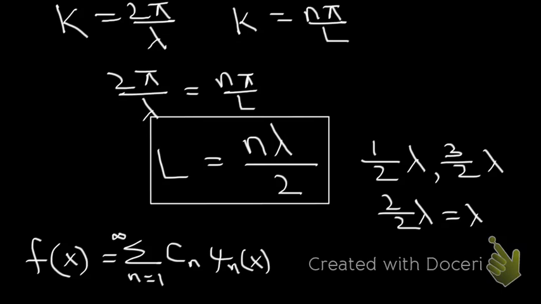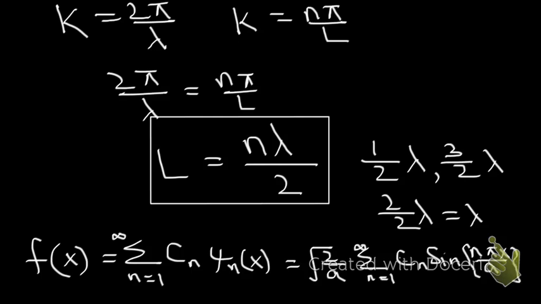This can then be simply written as root 2 over a, substituting the value for psi of x, sum over n equals 1 to infinity of Cn sine n pi x over a. So this means that the wave functions are complete.